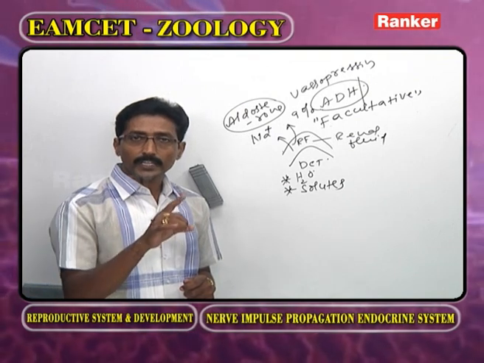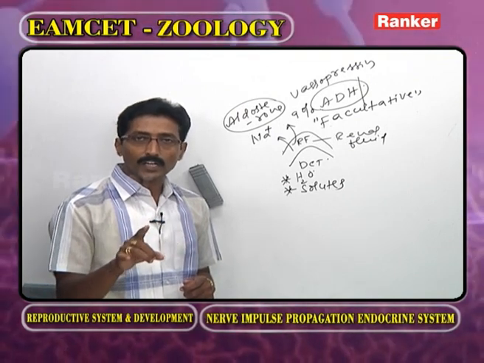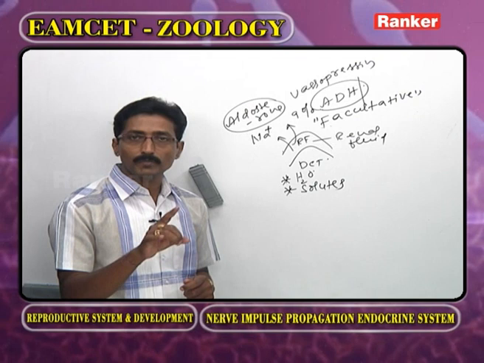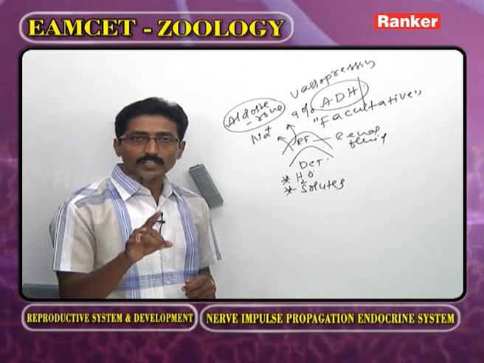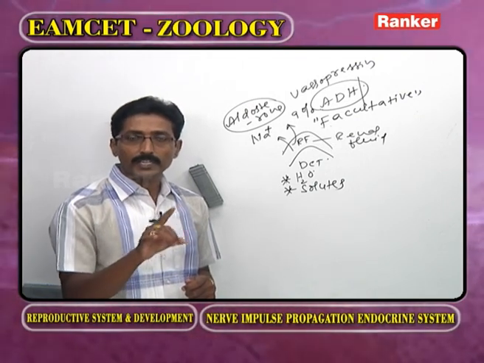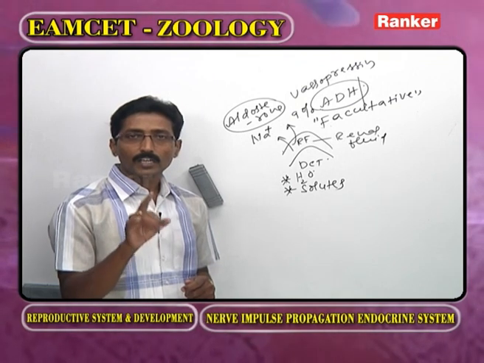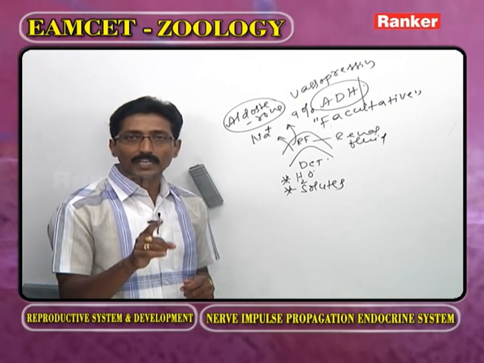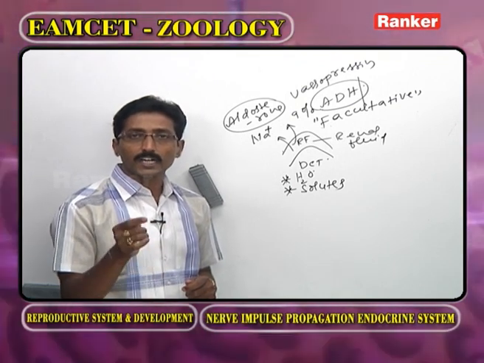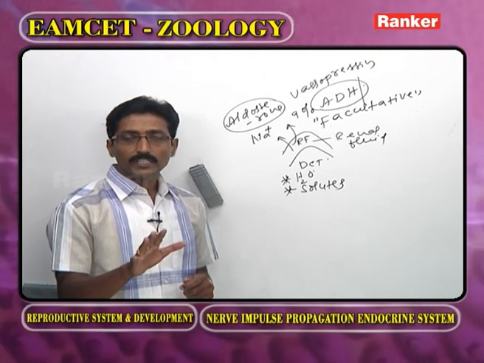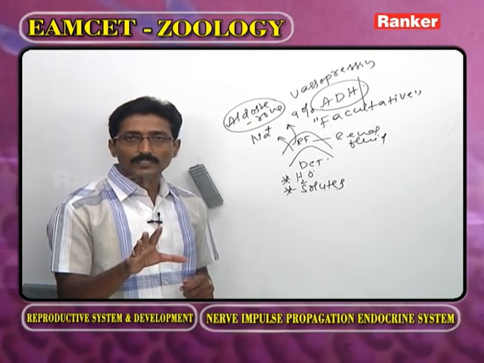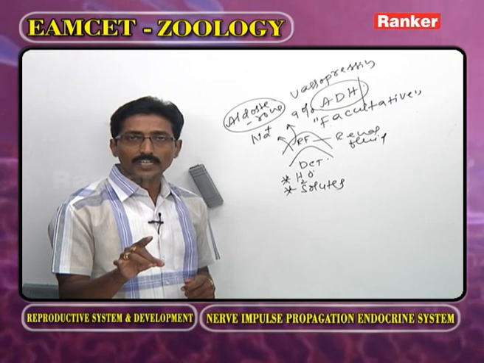So anywhere in the nephron, athreshold materials are not reabsorbed at all. What is the best example for the athreshold? Creatinine, because it is not at all useful for the body, so it is not reabsorbed anywhere in the nephron.